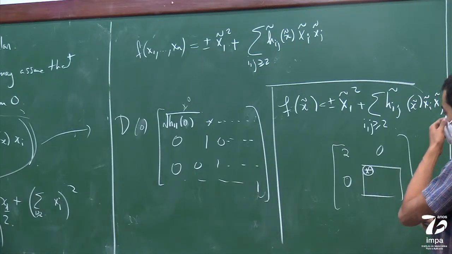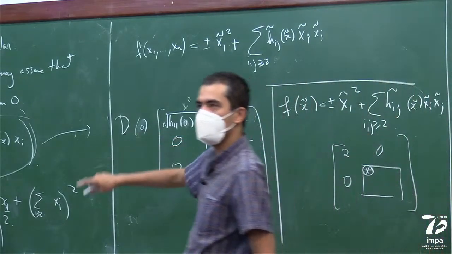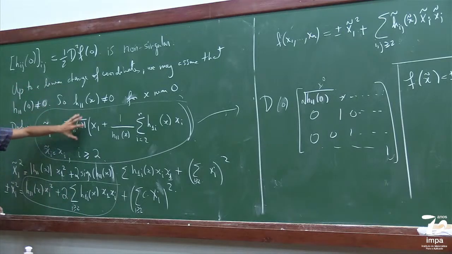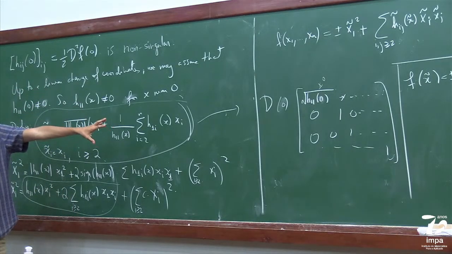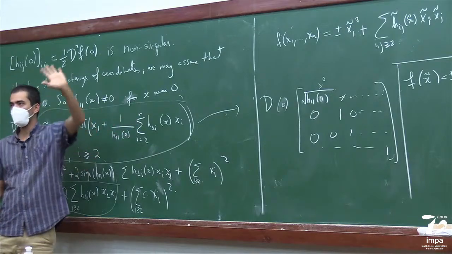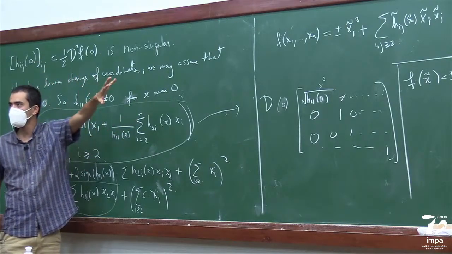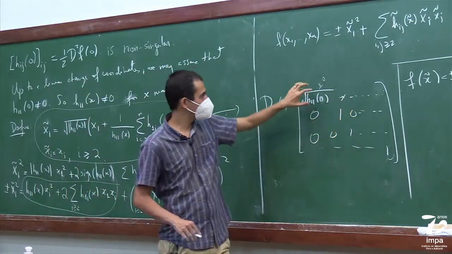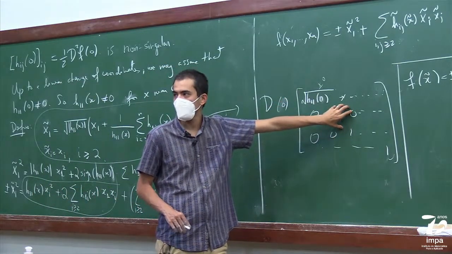And then you can use the exact same thing: for i equals 1, you don't change. And then for i equals 2, you do this kind of thing. So you put the h22 over here, and you do this to kill everybody after that. And then you will have a very similar situation where this guy has moved here, and you have a 1 here.